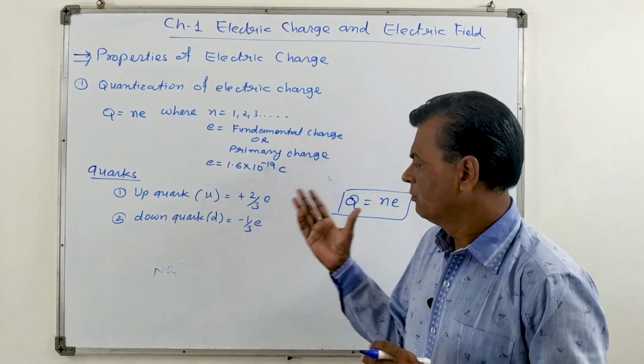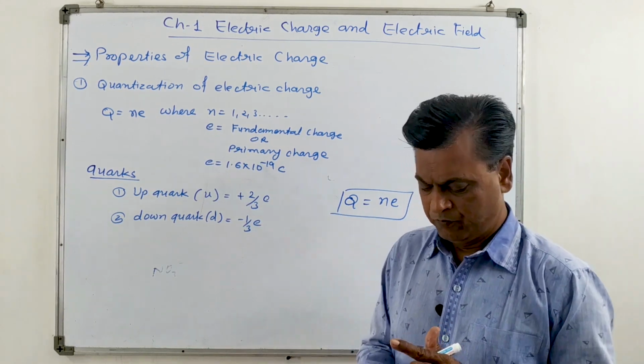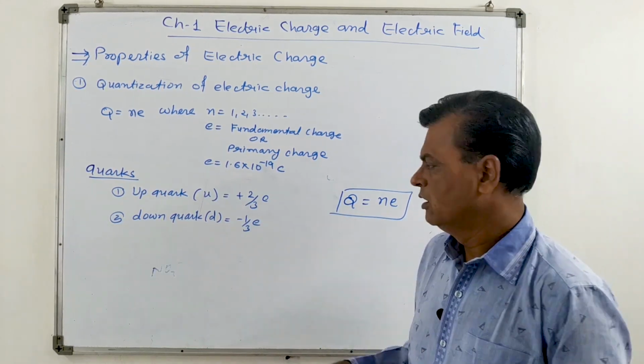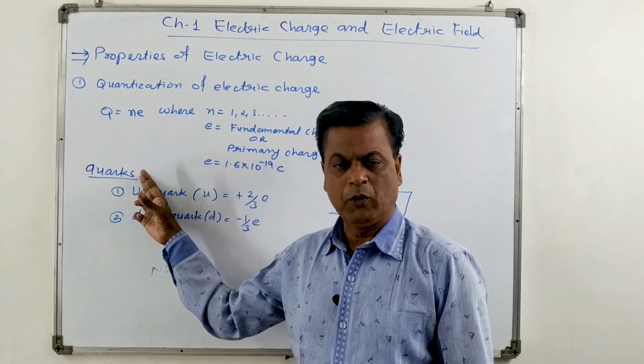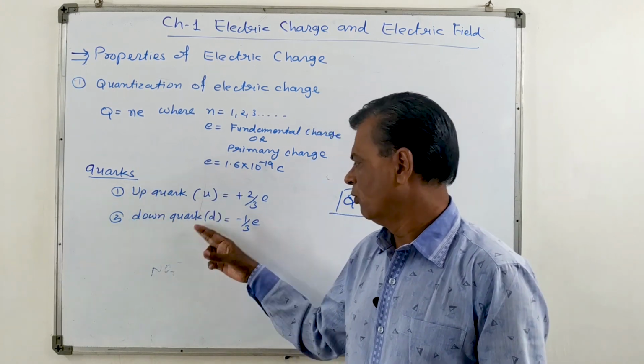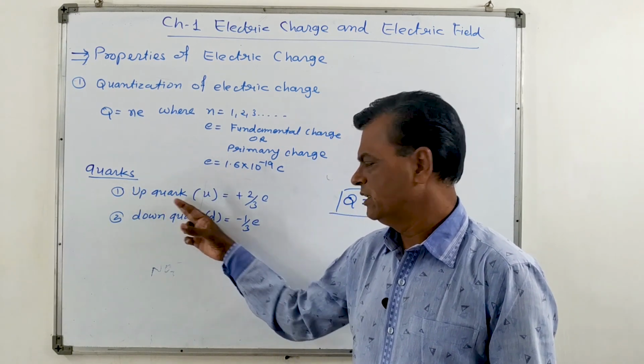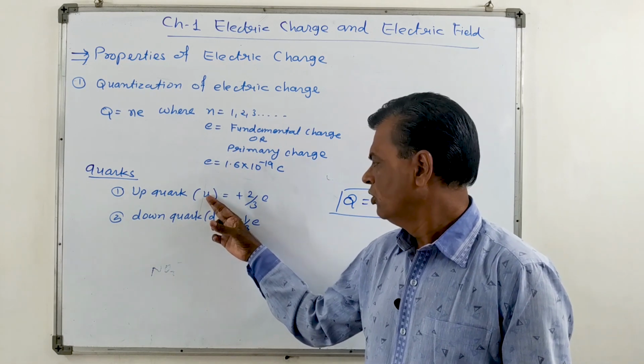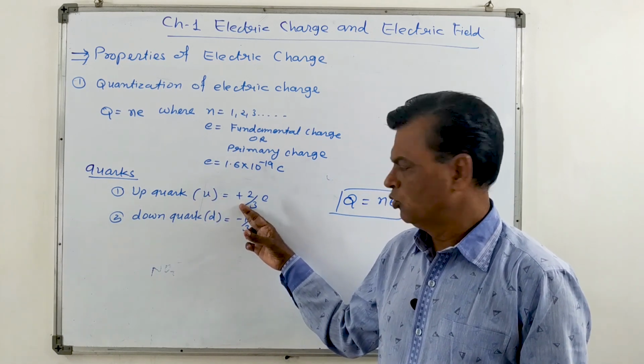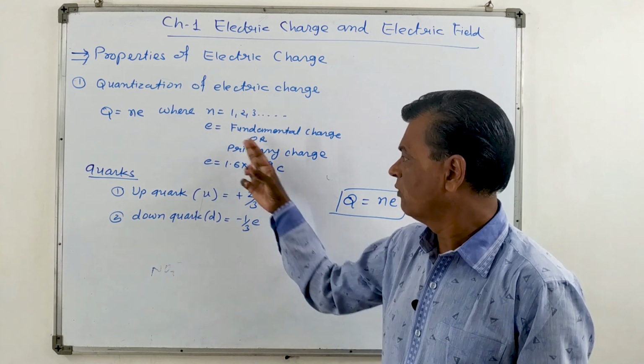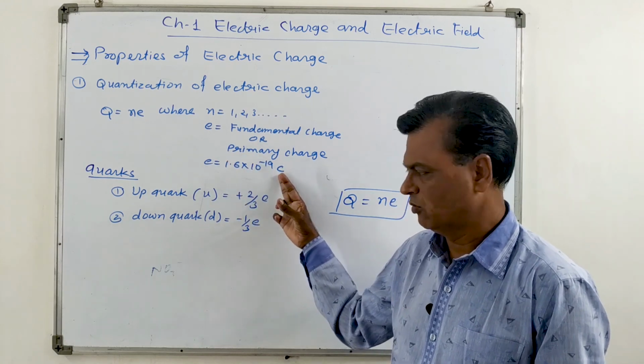And now, protons and neutrons are made up of quarks. There are two types of quarks, up quarks and down quarks. The up quark is indicated by small u, and its value is plus 2/3 e, where e is 1.6 × 10^-19 coulomb.